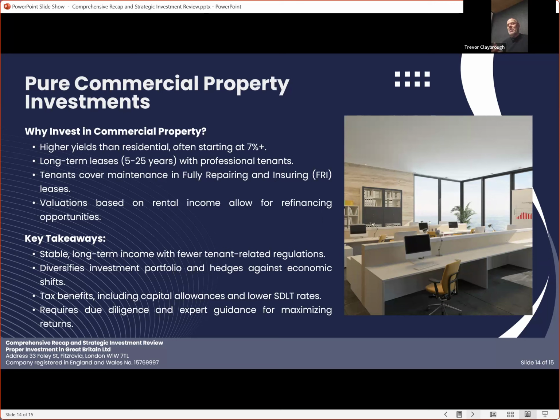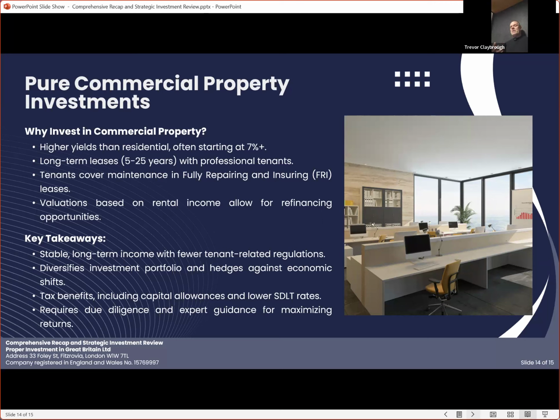So commercial, and there's other things like capital allowances, which reduce the tax bills, and some other tax advantages as well. So commercial property investment is really a good one to look at and to understand.